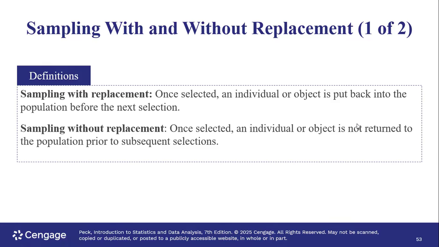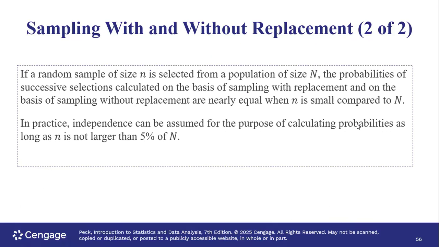The first one is sampling with replacement. Replacement means the individual selected in the sample goes back in the population for a second go around. Whereas without replacement means the individual selected from the population does not go back to the population for the second go round. Okay.